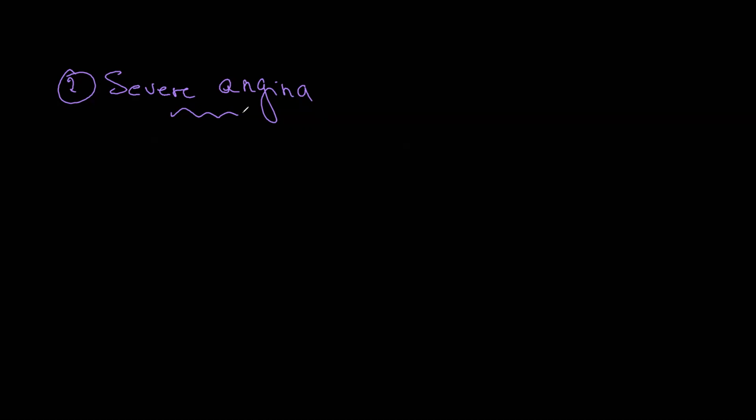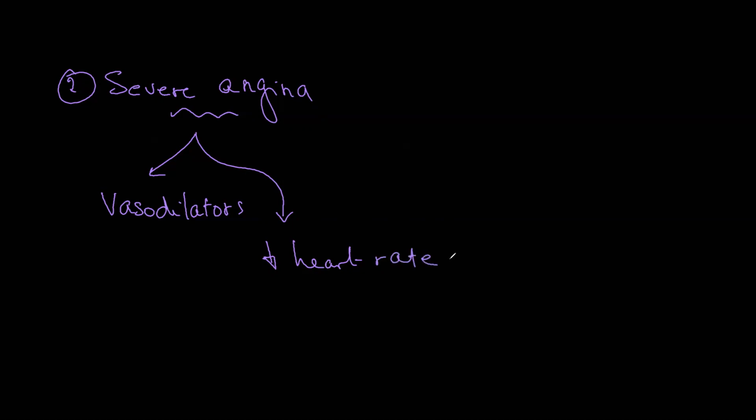So they use other drugs in order to dilate the coronary arteries. So vasodilators again. And they have to take drugs to reduce the heart rate, because we do not want the heart to work even with the normal heart rate, which was 70 beats per minute on average.